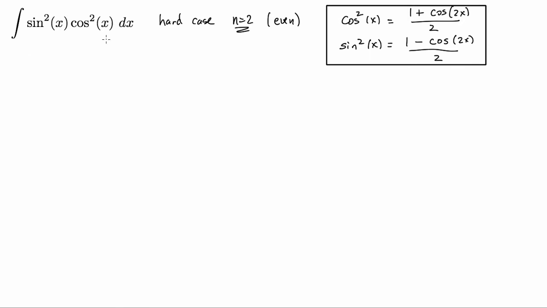So we have a sine squared and a cosine squared in this problem. I'm going to go ahead and substitute both half angle identities in. So we have the integral of this first one is 1 minus cosine, and then the second one is going to be 1 plus cosine.